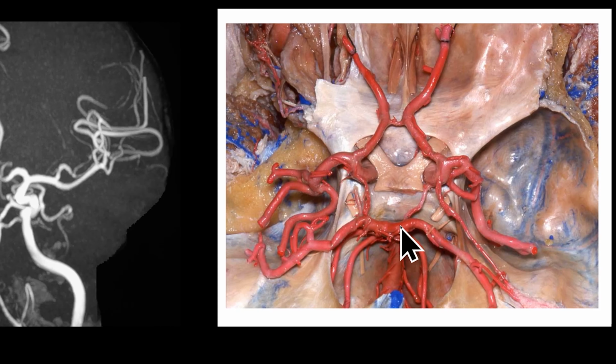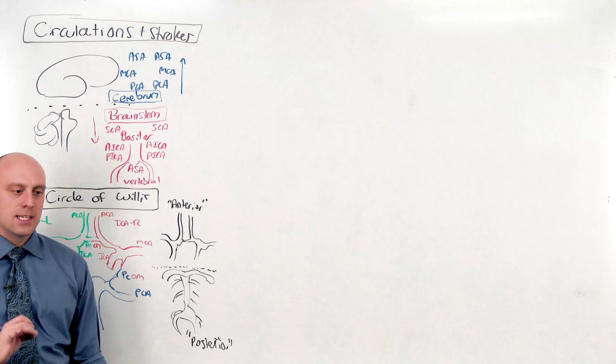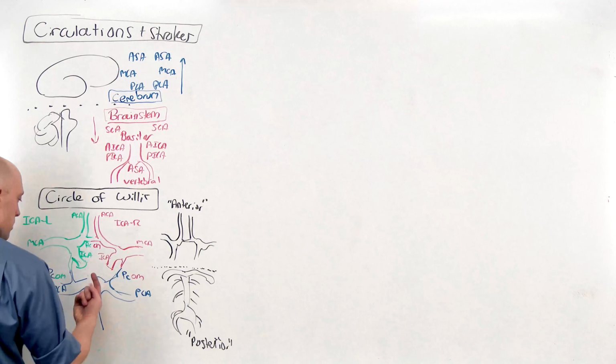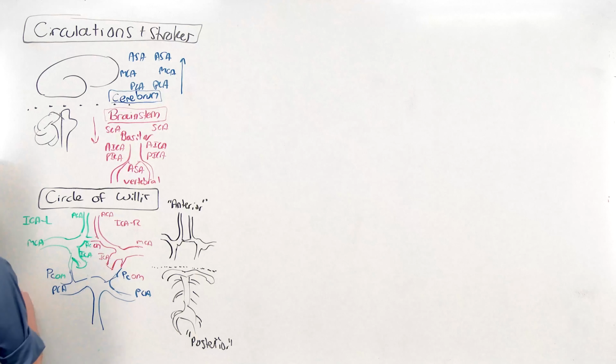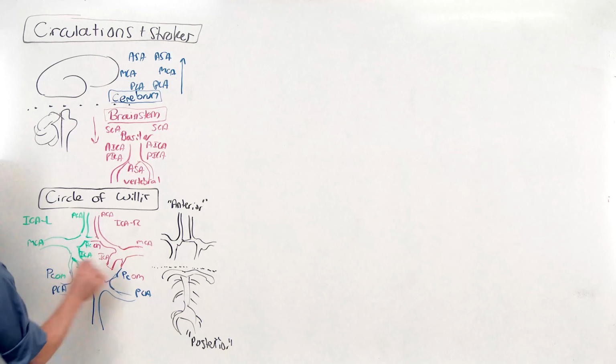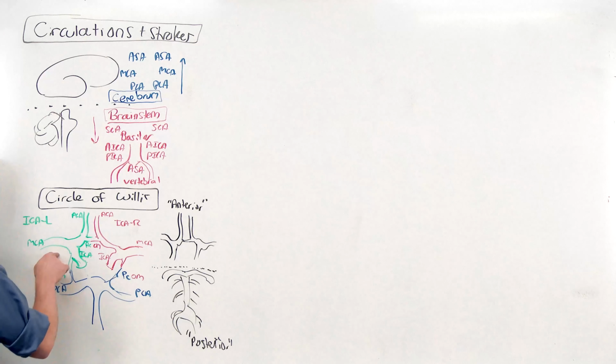So, 3 circulations, 2 anterior, 1 posterior, connected to each other by communicating arteries. The most important thing to take away from that is that there is a posterior circulation, basilar, which includes the posterior cerebral arteries. We know this because these tiny little PCOMs connect each of the PCAs to the MCAs.